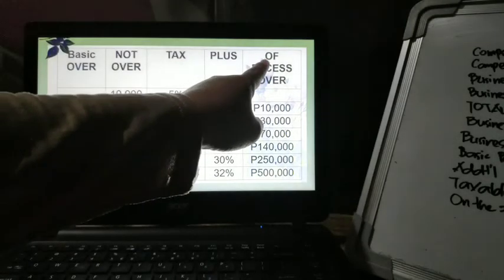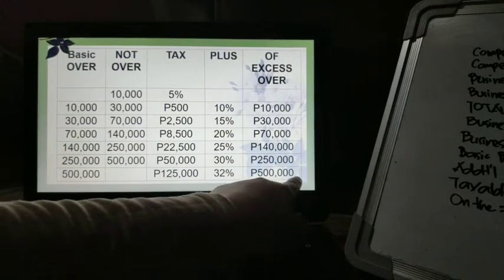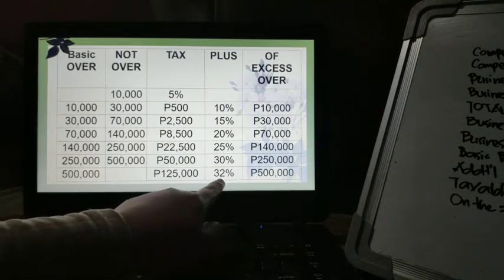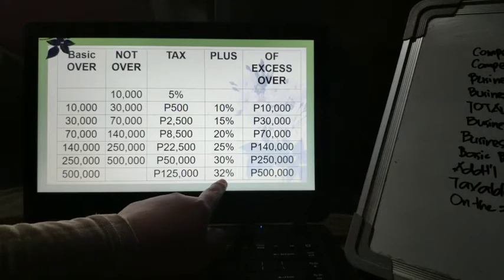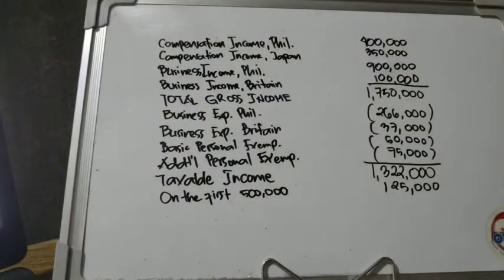It means na of excess over 500 siya. So, dito pa rin siya na range. It means na yung 822,000, you will multiply it with the 32% to get another tax amount. Okay. So, balik tayo dito sa solving natin.